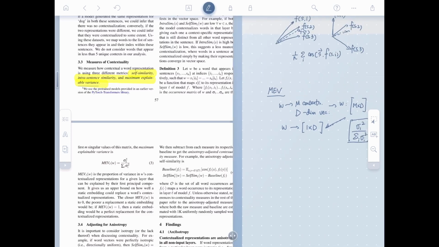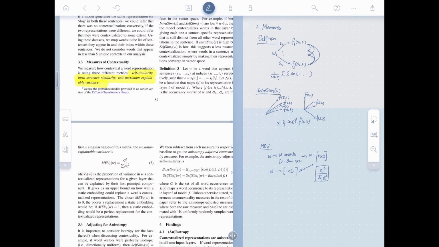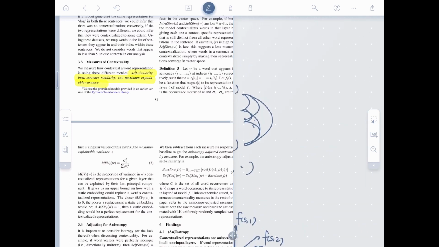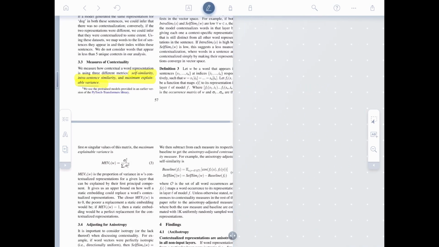Okay, as I mentioned before, these three measures should be controlled for anisotropy. Why do we need to control for isotropy? Let's first talk about what isotropy means.